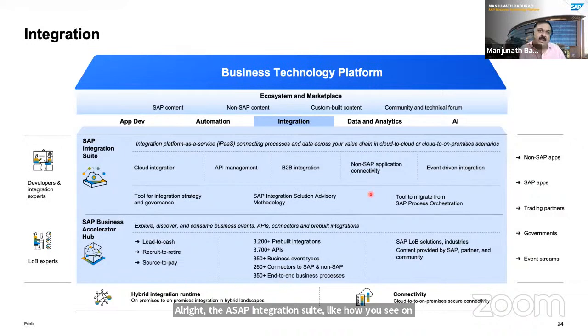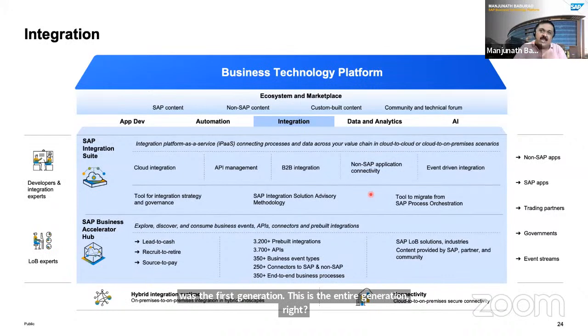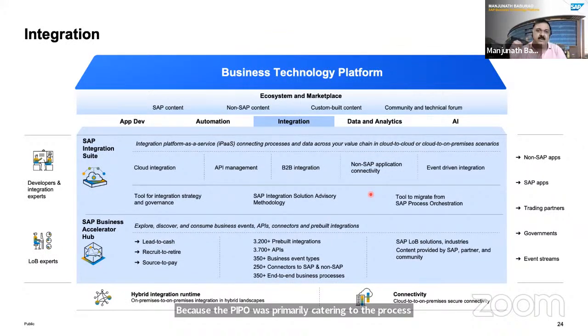If you are coming in from the NetWeaver side of the house, where you are already using PI and PO, it is very similar. It is kind of like an evolution of this particular picture. If I go back to, let's say, a Pokemon reference, that was the first generation. This is the nth generation, right? Because PI/PO was primarily catering to the process integration side of the picture, which is anyway taken care of by the cloud integration part here.